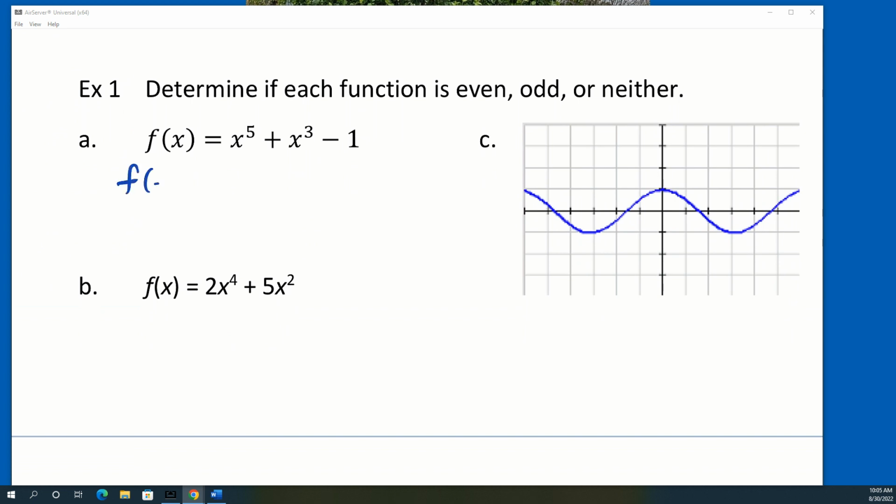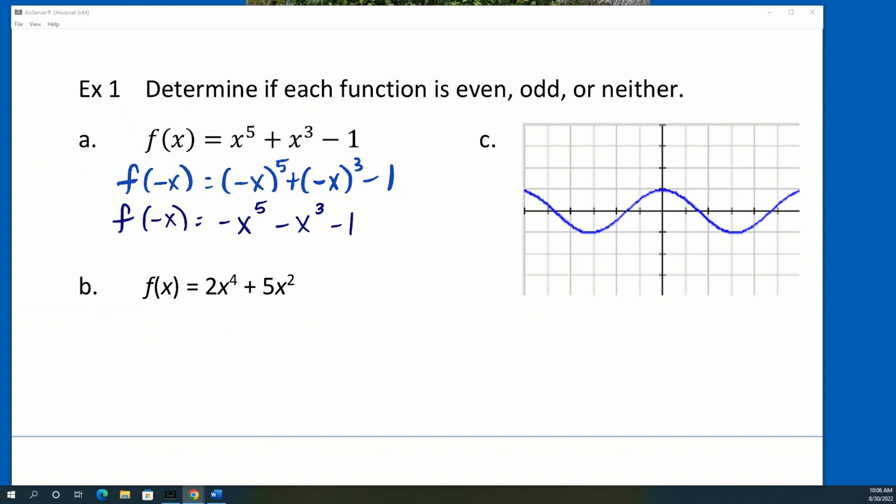So we're going to check algebraically by plugging in negative x for all the x's. And then when I have a negative raised to an odd power, I do get a negative. But that minus 1, is it going to change? No. So if all the signs don't change, then it's going to be neither.